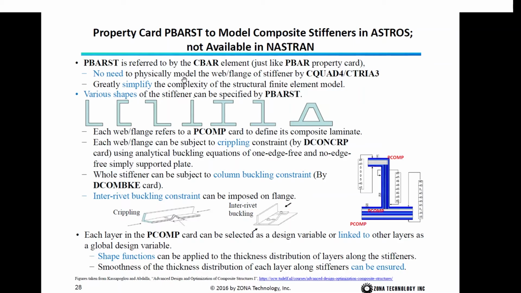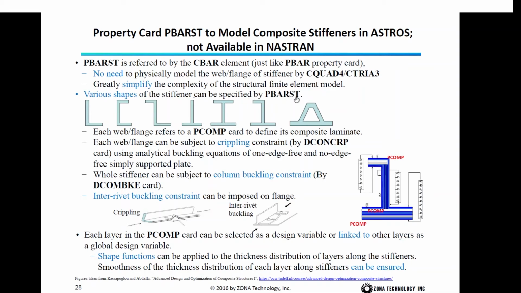There is no need to physically model the web and flange of the stiffener by CQUAD4 and CTRIA3, because if you want to impose the buckling or crippling constraint of the flange and web of a stiffener in NASTRAN, you have to physically model them by plate elements. That will drastically increase the size of the structural problem. But if you use PBARST, you can greatly simplify the complexity of the structural finite element model.